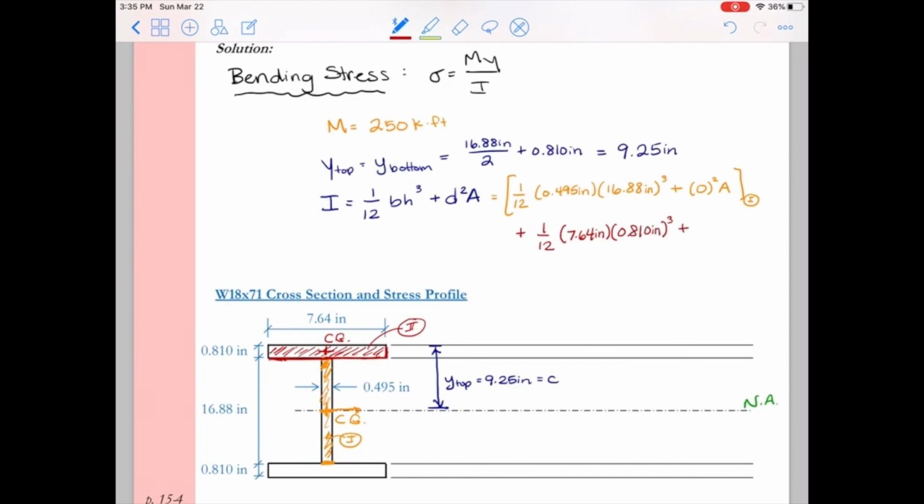cubed. Plus, now the distance is the distance from the neutral axis here to the center of gravity of shape 2, and I have that labeled there in red. It's going to be that D2 value. So now I have to come up with what D2 is. This is just from geometry.